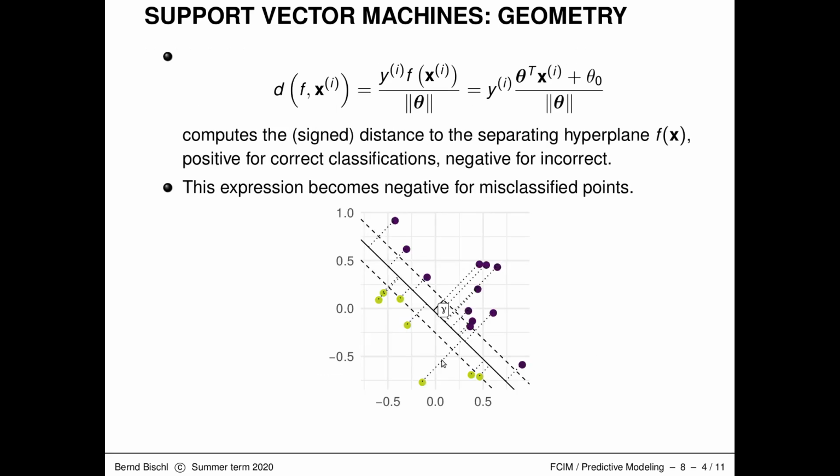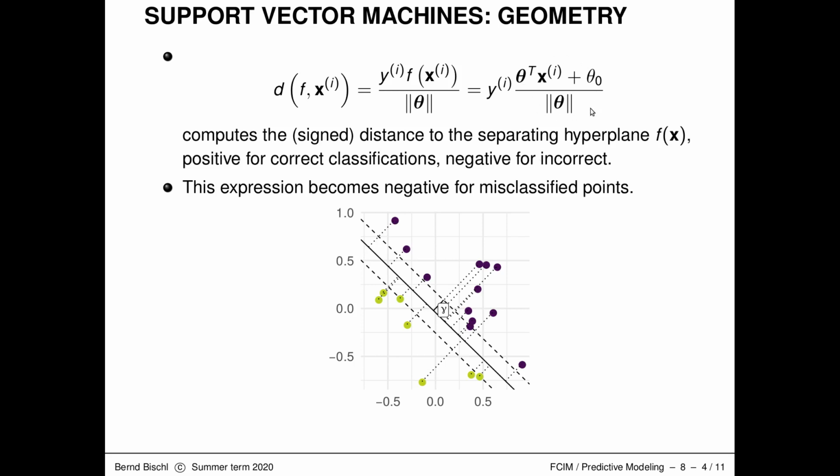Now, hopefully you still remember from your mathematical education in school or from elementary linear algebra that you can easily compute, from the location of a point, which is a vector itself, and the formula of the hyperplane, which is also this formula of our linear classifier, with the orthogonal vector of the hyperplane here being this theta, the orthogonal distance from a certain point to the hyperplane by computing through this formula here.